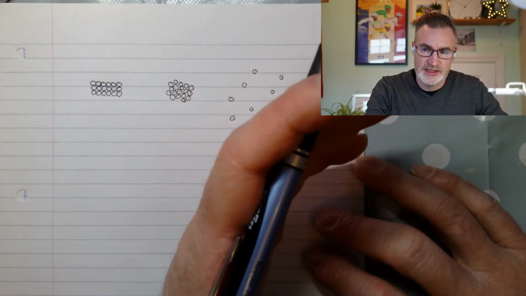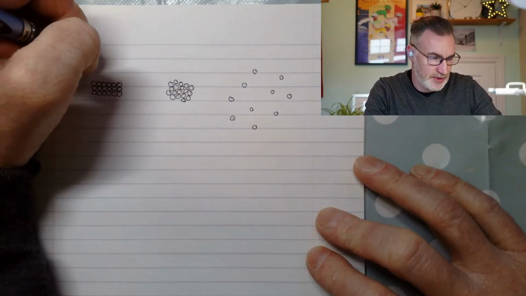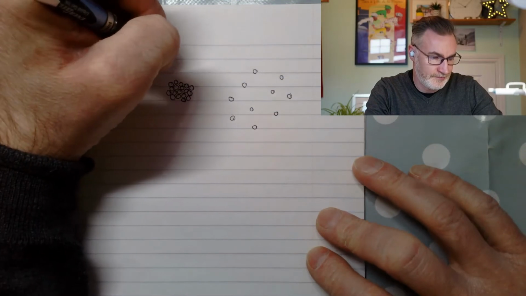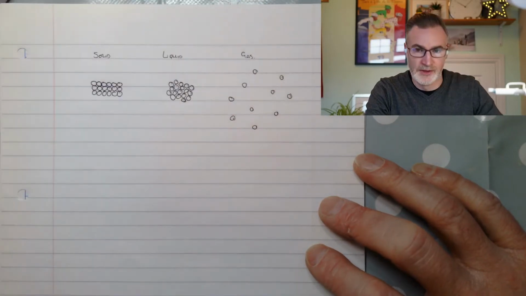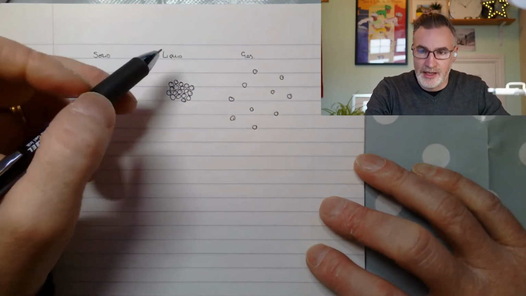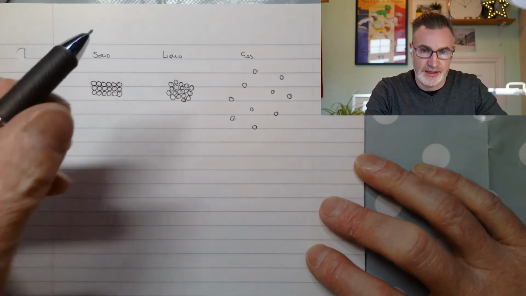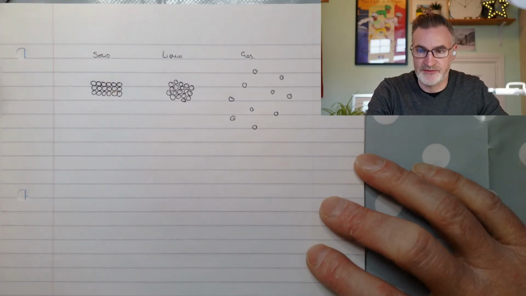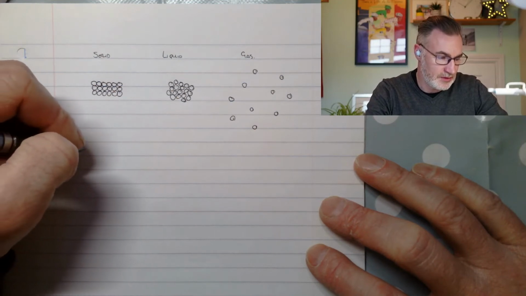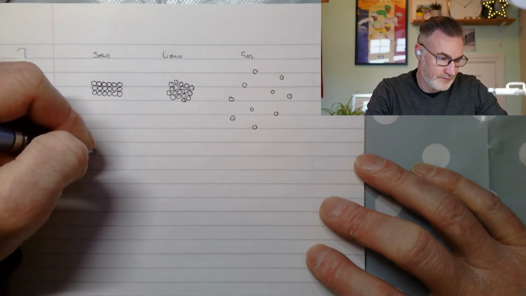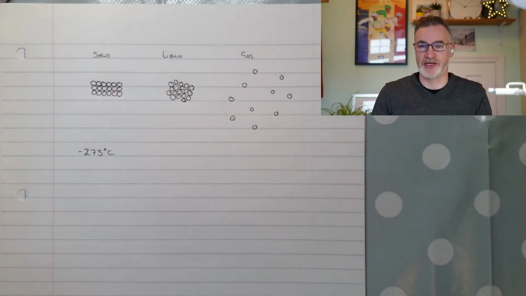But what's actually the difference, and what causes this difference? And so we would have solid here. Well, as you start to increase the temperature of a material, we have a lower limit of temperature, and the coldest that you can ever go is minus 273 degrees centigrade, and that's it.